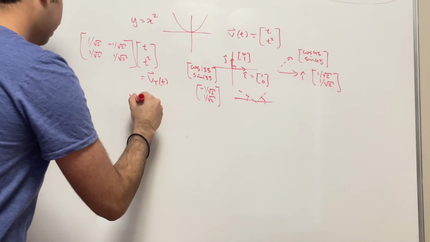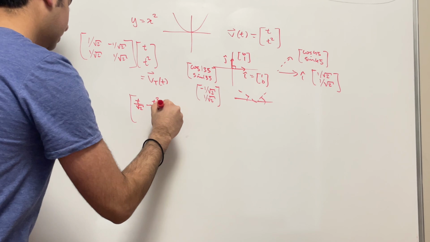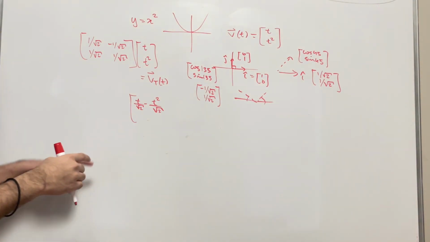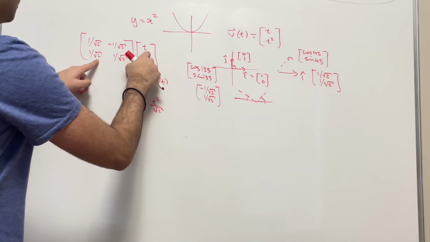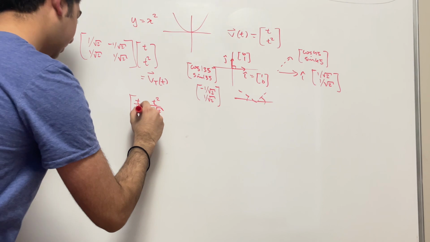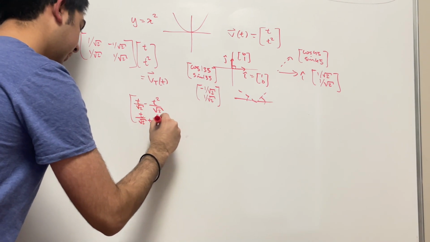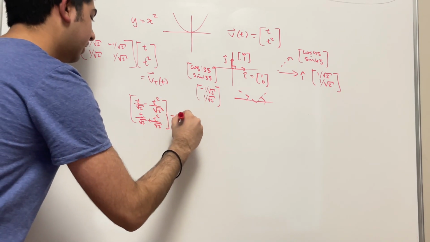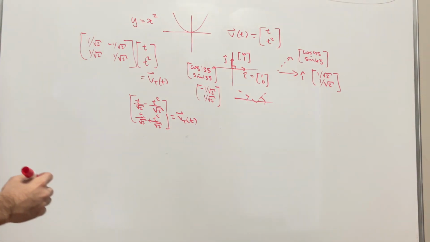The second entry is going to be t over root 2 plus t squared over root 2. That's going to describe our new transformed vector function that maps to our rotated parabola.